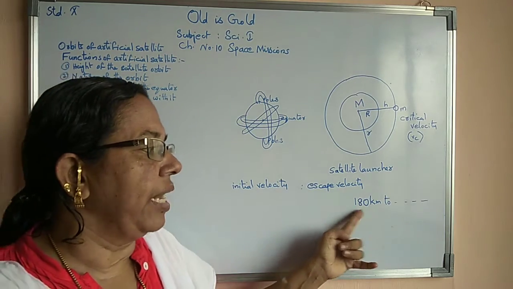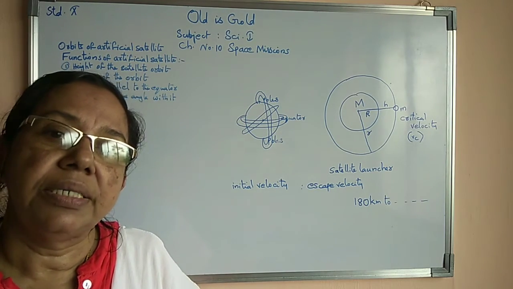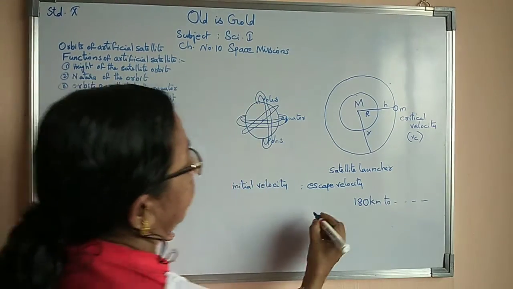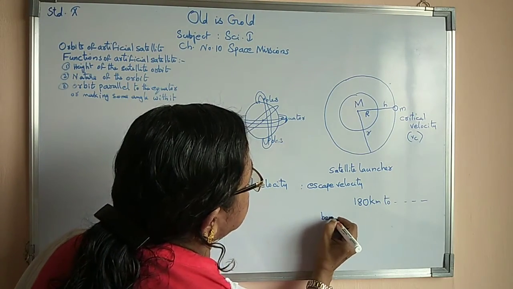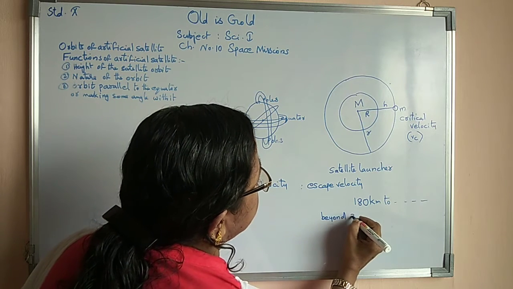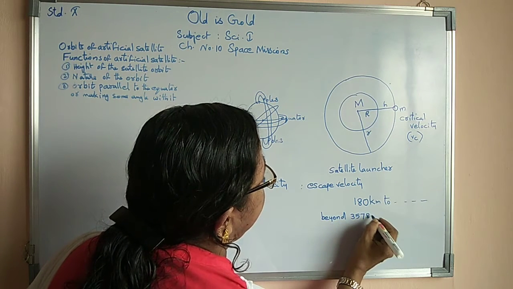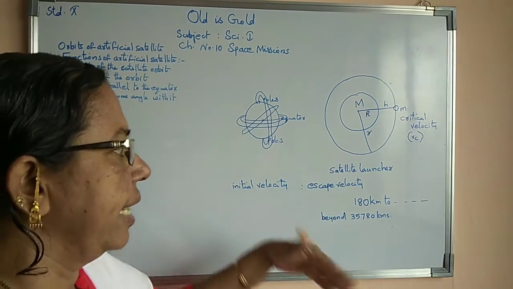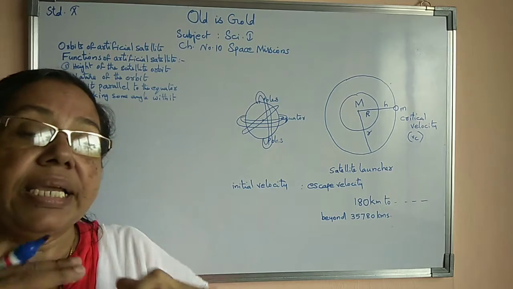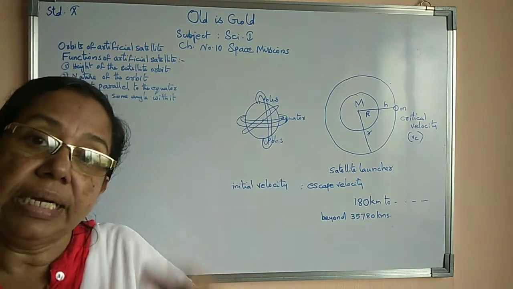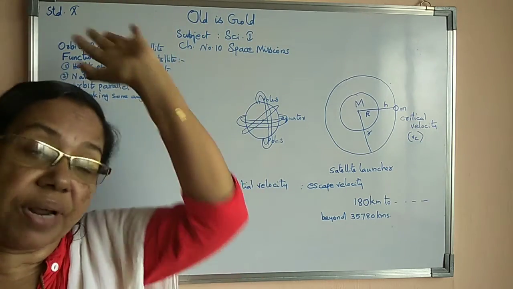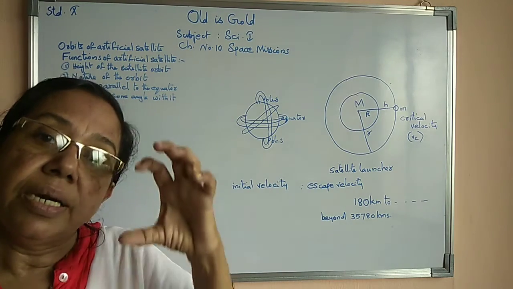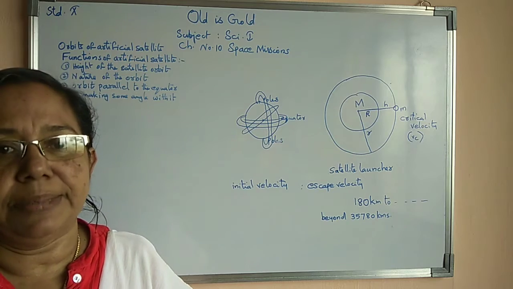Up till now satellites are fixed from at least 180 kilometers. Again, beyond 35,780 kilometers also, different satellites are fixed.